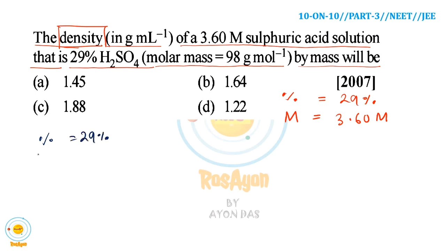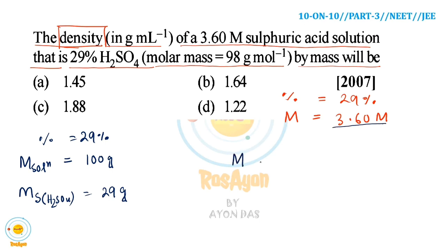Now the concentration in percentage, that is 29%. That means if the mass of the solution equals 100 gram, then the mass of solute, that is sulfuric acid, equals 29 gram. Now in molarity, that is 3.60 molar.